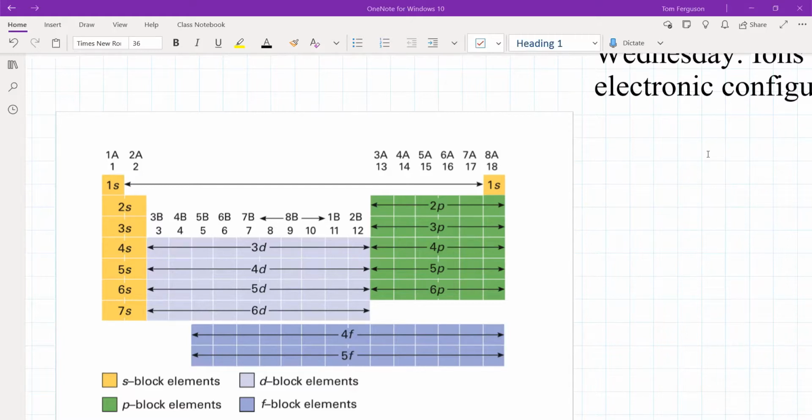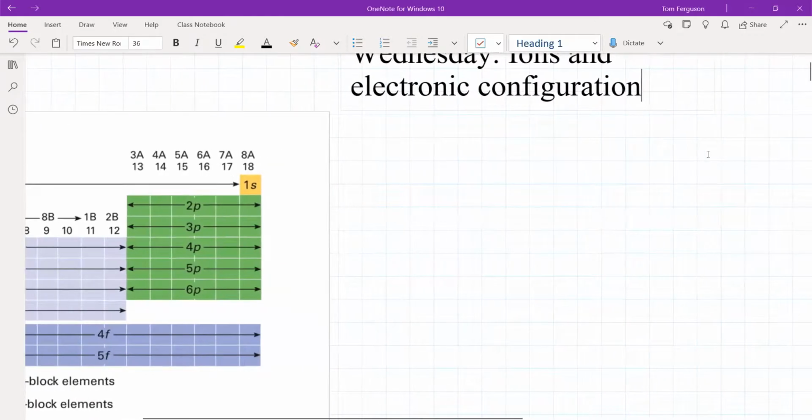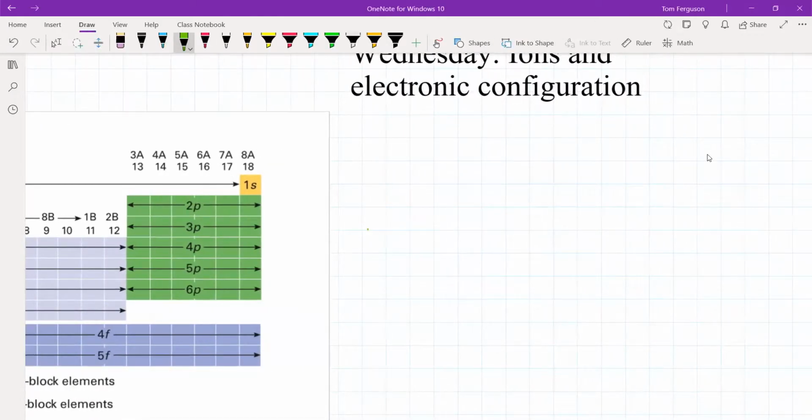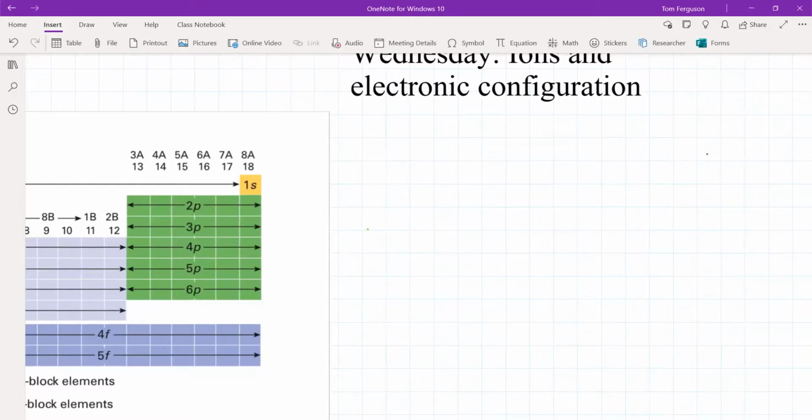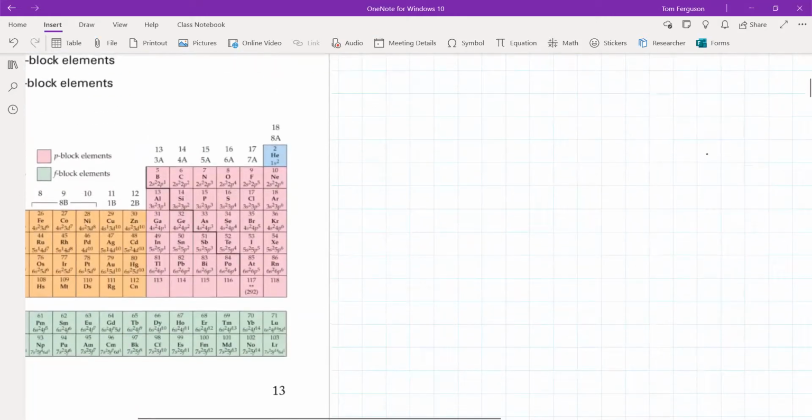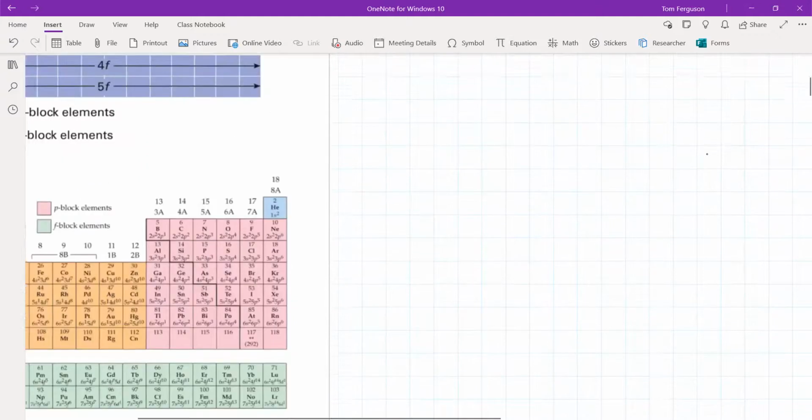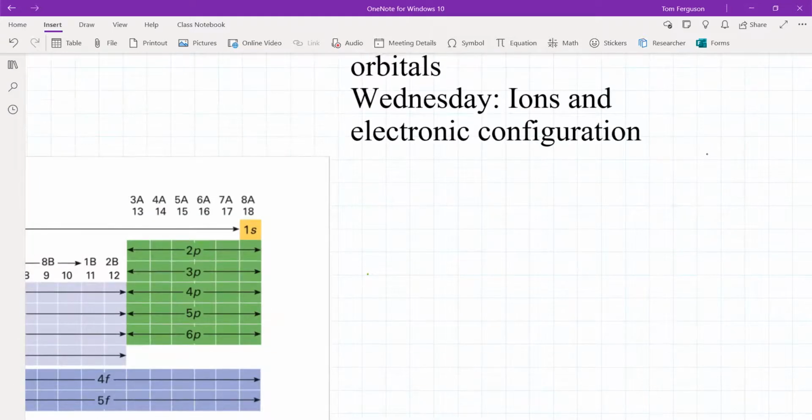Okay, so let's look at this, and I'm going to put a periodic table right over here so we can refer to it. The periodic table I'm going to be using is not this one. I want one that is less complicated.